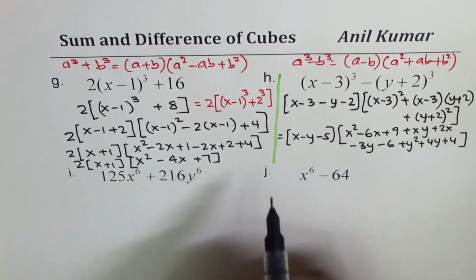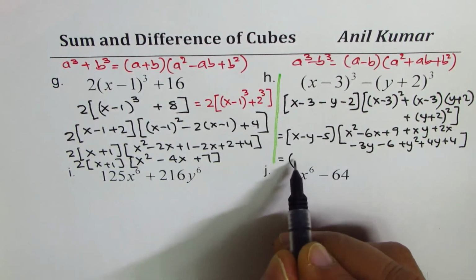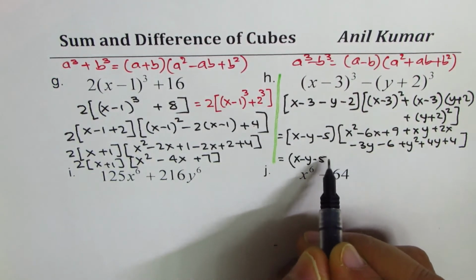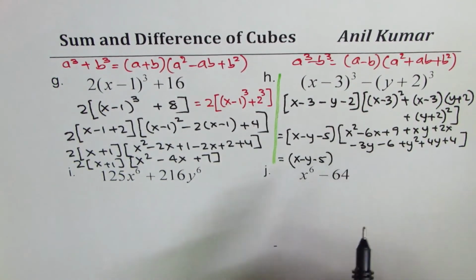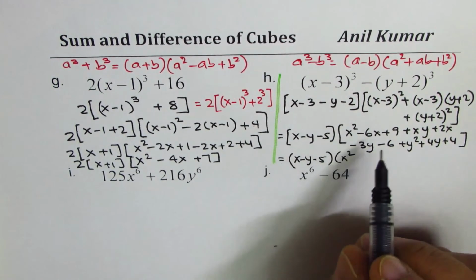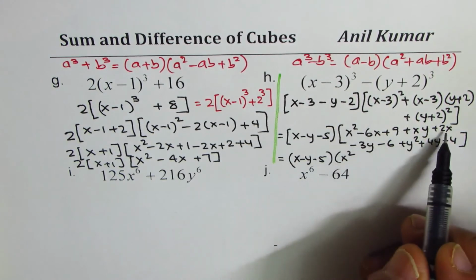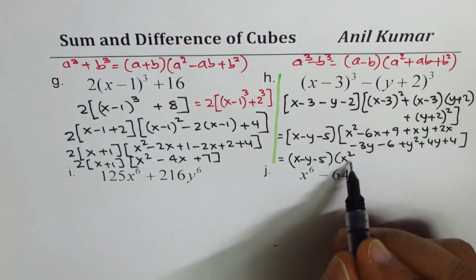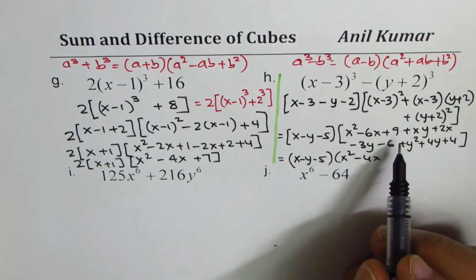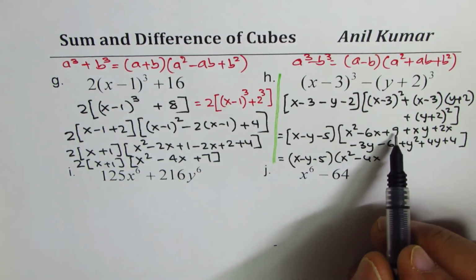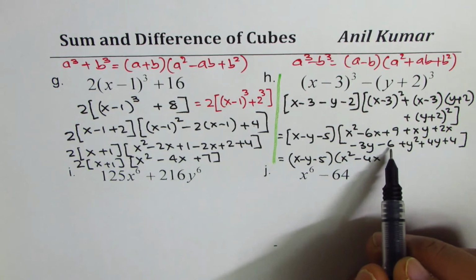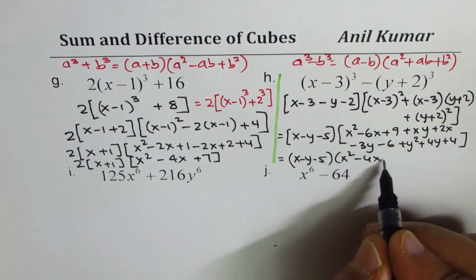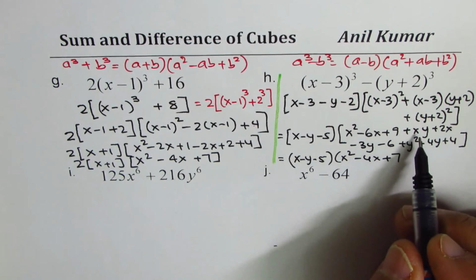Now you can combine the like terms. So you get (x minus y minus 5) and x squared minus 6x plus 2x is minus 4x. The constants 9 and minus 6 give 3, and 3 plus 4 is 7. So let's write 7 here.